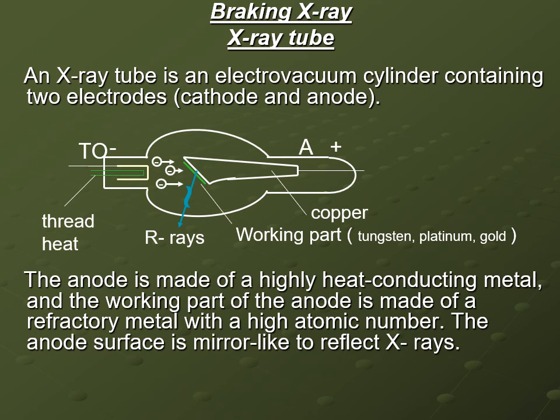But the main source of X-ray radiation is an X-ray tube. Let's see what it is like. First of all, it is an electric vacuum cylinder. In this case, we have a pressure in the X-ray tube of about 10⁻⁷ to 10⁻⁶ millimeters of mercury.